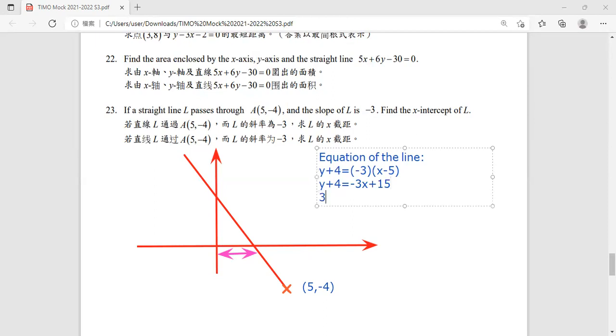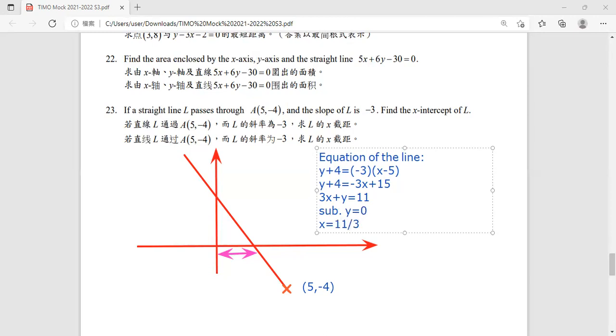Now we have 3x plus y equal to 11. Because I have to find the x-intercept, substitute y equals 0, then x equals 11 over 3.